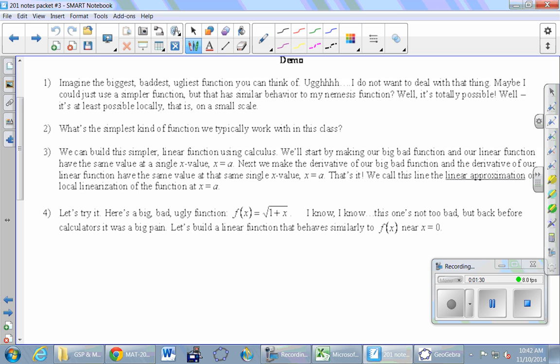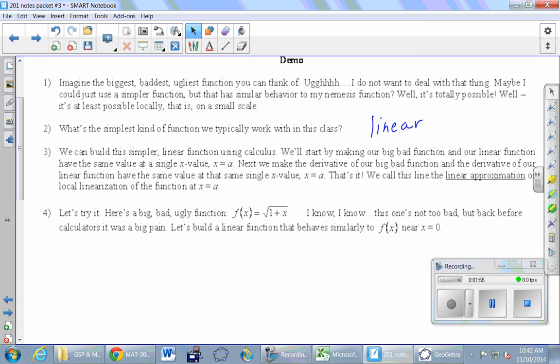So our most basic functions this semester, linear functions, right? Those are the simplest functions we could think of. And so Andy will go to 3. We can build this simpler linear calculus. Start by making our big bad function and our linear function have the same value at a single x value, x equals a.